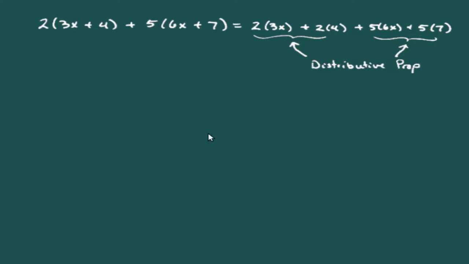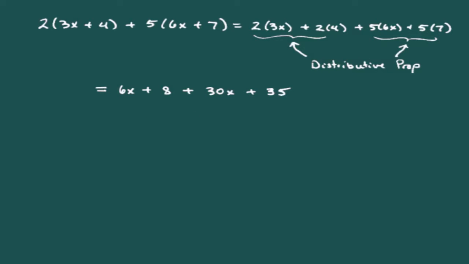And so what that's going to give us is the 2 times the quantity 3x plus 2 times the 4, the 5 times the 6x, and the 5 times the 7. Now, what that simplifies to, whenever we put everything together, we've got 2 times the 3x to give us 6x, 2 times 4 to give us 8, 5 times 6x to give us 30x, and 5 times 7 to give us 35.